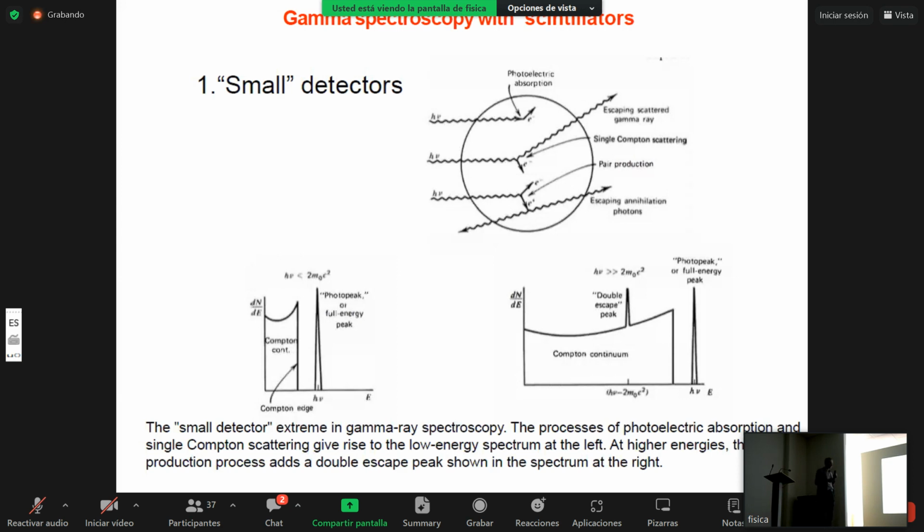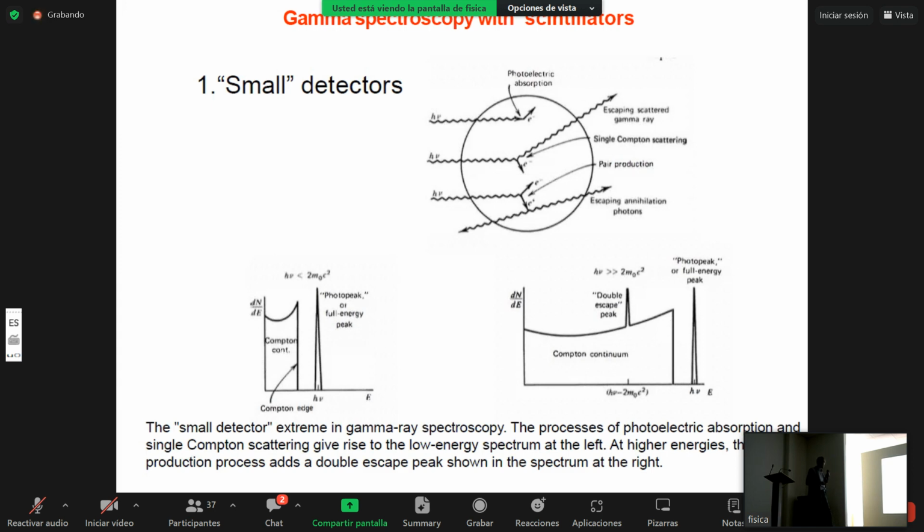I told you about this reaction: you have an electron and a positron, then they meet each other, they annihilate and create two photons with energy 0.511 MeV.